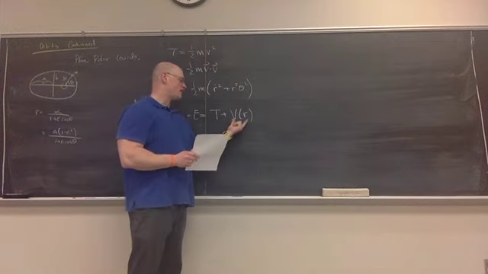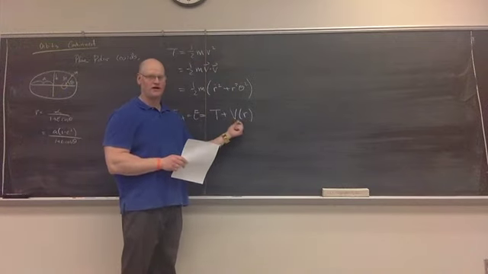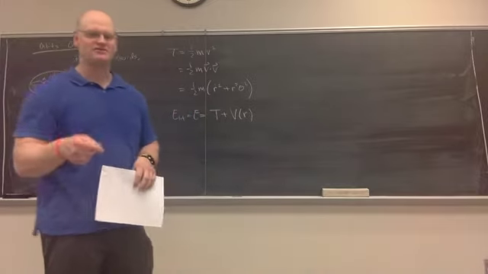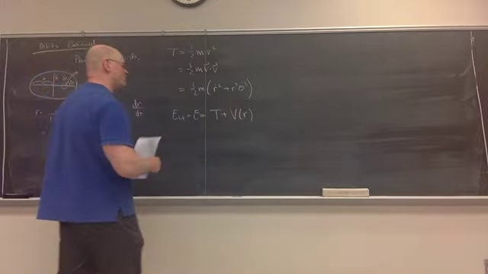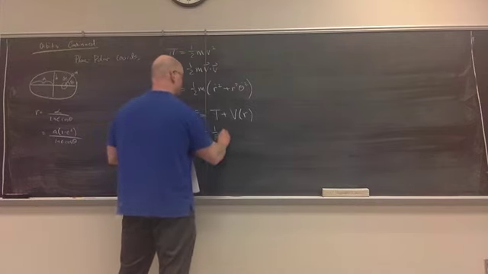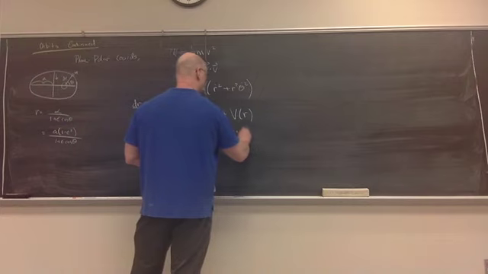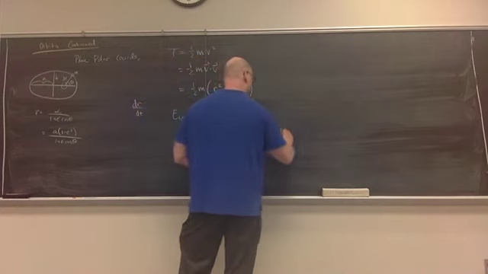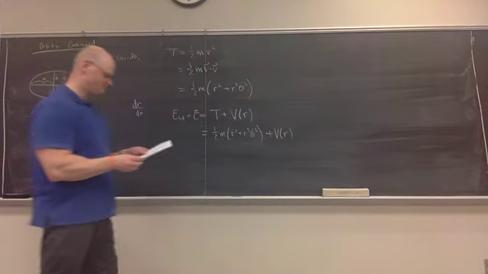So here I'm just going to write that this is a central potential as some variable V, but in a little bit we're going to specialize to gravity and call this U of g. So putting this together, this becomes 1/2 m times r dot squared plus r squared times theta dot squared, plus whatever our central potential happens to be.